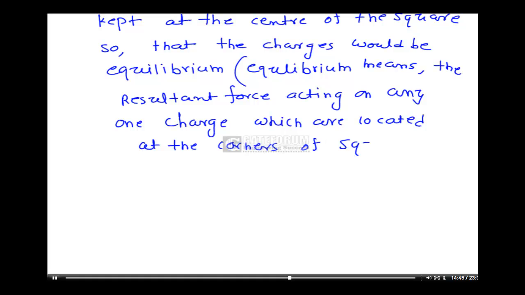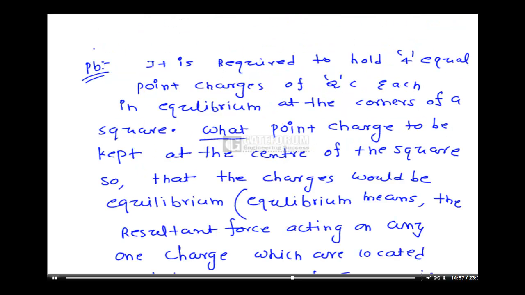That is, the resultant force on any one charge is 0. Then equilibrium is maintained. So the question is, what point charge is to be kept at the center of the square to maintain equilibrium?